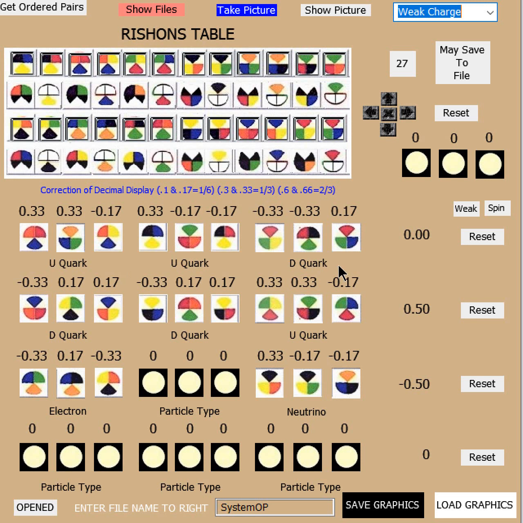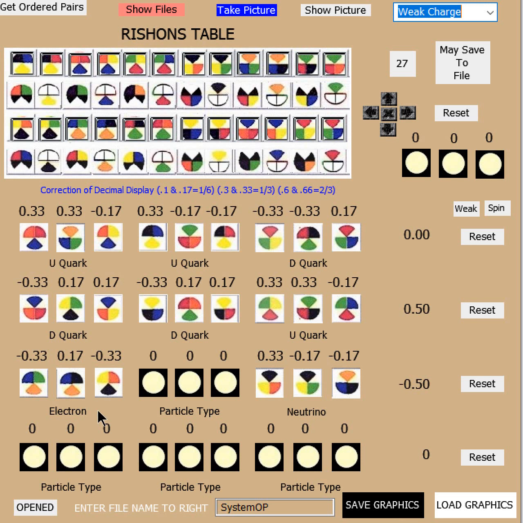And if we go over here, we have the D quark, which also had a left-handed sum of spin, and we have -1/3 plus 1/6, which gives us -1/2 for the weak charge on the generic D quark. And these are the weak charges which are indicated by the standard model.